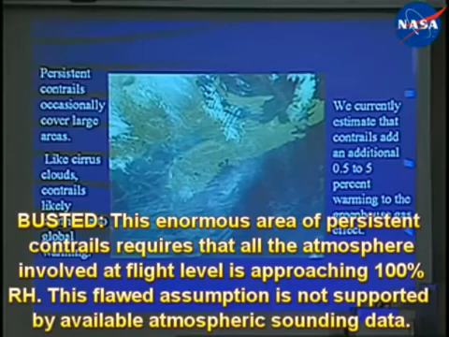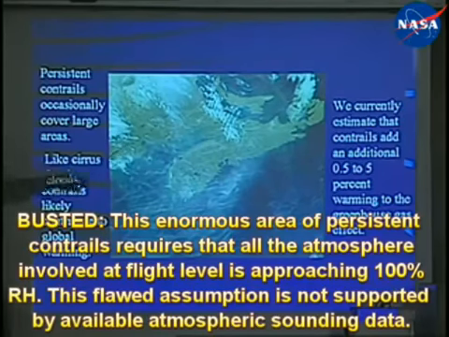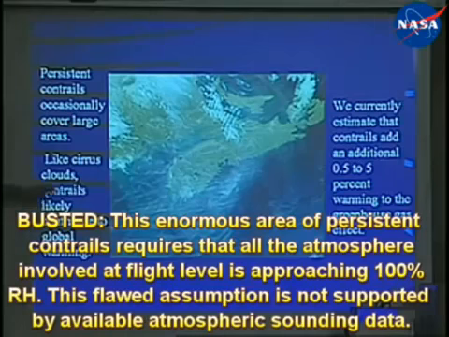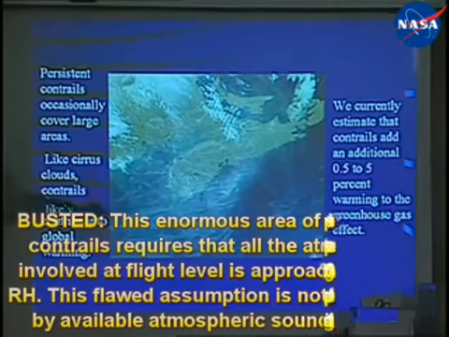So what happens is, like all clouds, there are two effects that contrails or any other cloud has on the climate. One is to reflect solar radiation back to space, and the other competing effect is trapping heat, infrared radiation. It turns out, like cirrus, contrails generally have a little bit more heat trapping effect than their solar reflecting effect.